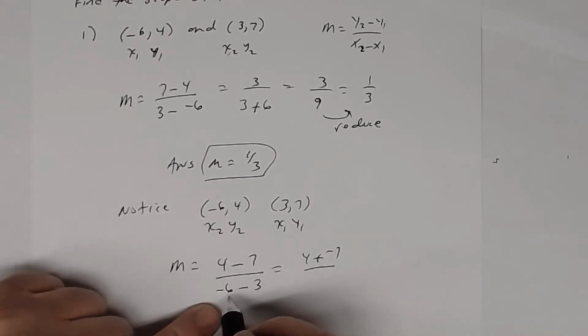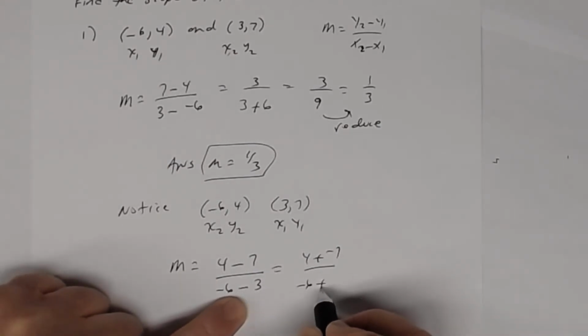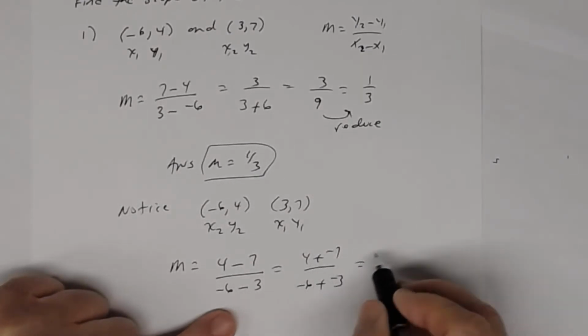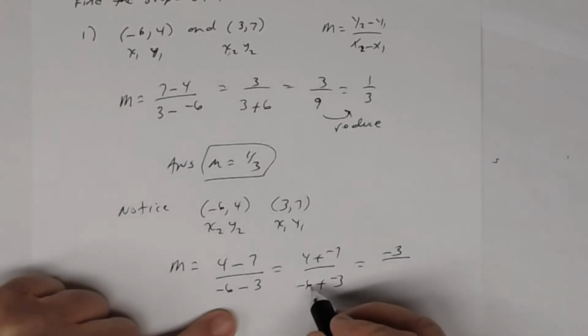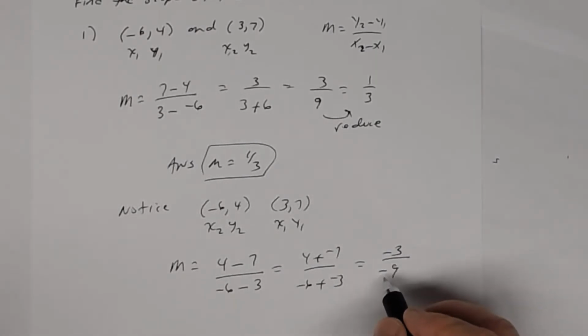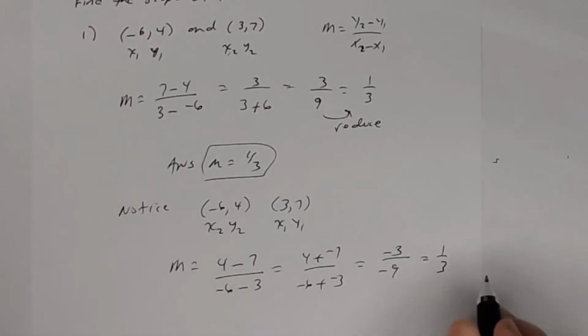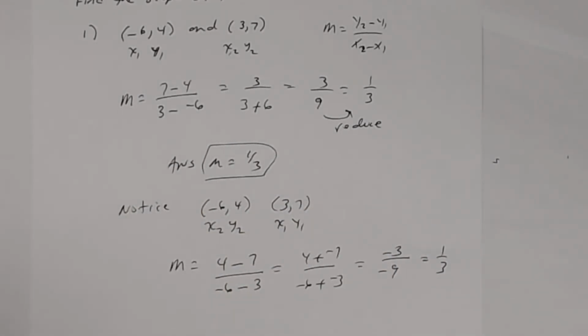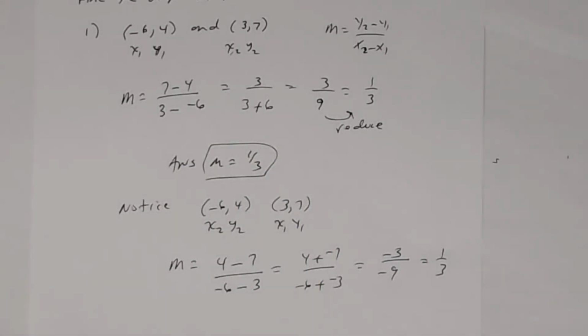Same thing here, negative 6 plus the opposite of 3, which is negative 3. So 4 plus a negative 7 is a negative 3, and negative 6 plus a negative 3 is a negative 9. And remember, negative divided by negative is a positive, and then reduce, you get 1/3. So it did not matter which approach you took. So the slope of that line that contains those 2 points is 1/3.